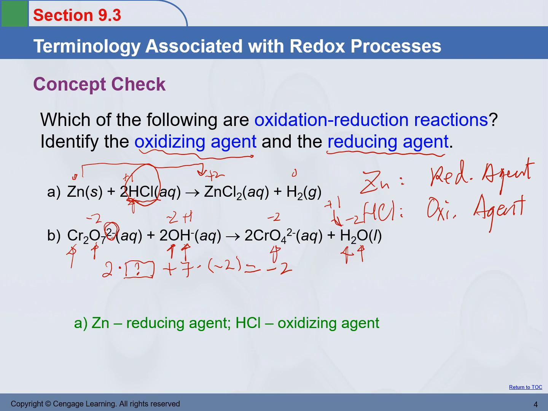If you solve this equation, you're going to figure out the oxidation number of chromium before the reaction is going to be +6.